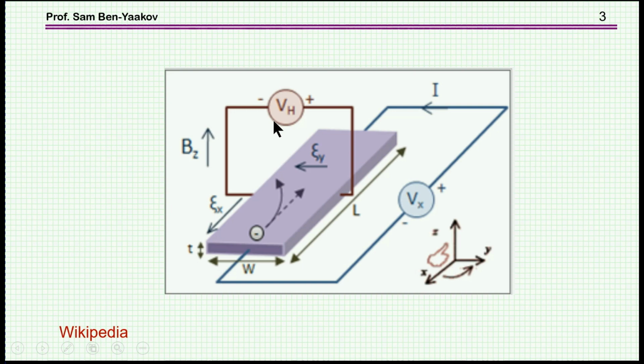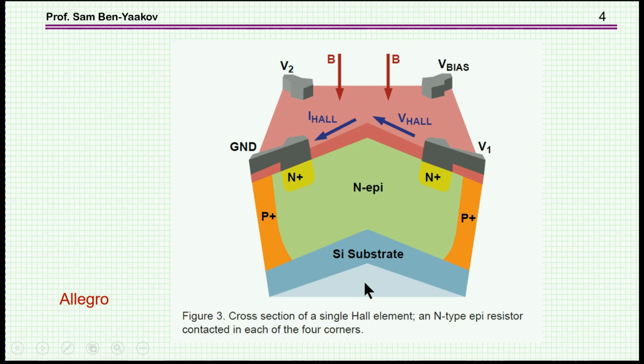Of course, there are materials which have a higher Hall effect constant, that is, for a given flux and current, they will generate a higher voltage. But in all cases, we are talking about a very low voltage, in the millivolt and sometimes sub-millivolt range. Now, modern devices are built by microelectronics technology, and here Allegro shows a cross section.